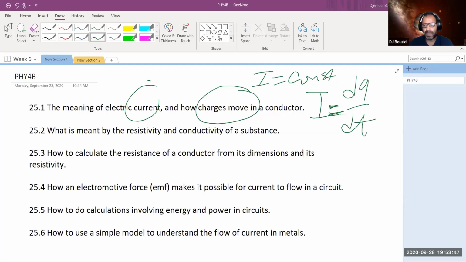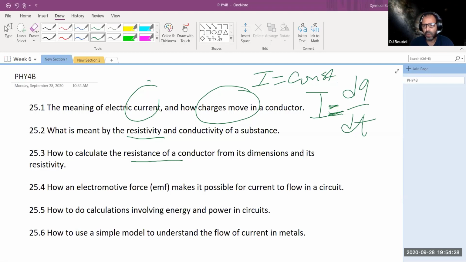How much mass you have of iron depends on how much volume, because the mass is equal to density times volume. Same thing here. Resistivity is specific to a specific element or material, or a specific compound for that matter. As long as you have a material, it has a resistivity depending on how it's chemically structured. How much resistance you have depends on the actual size of the object. So that's the difference between the two, and we're going to talk about this too: resistance and resistivity. We're going to talk about resistance specifically in conductors.